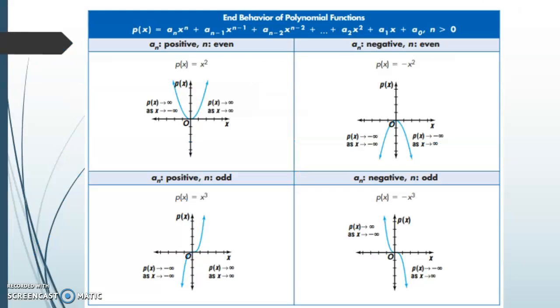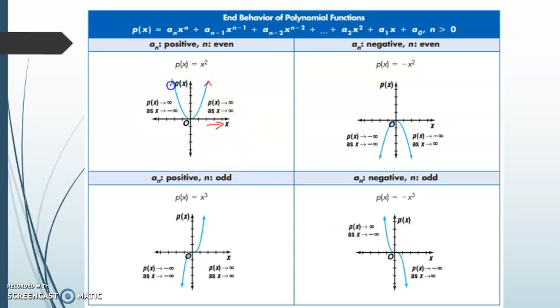So here you go. If you've got an even power, x squared, here's how it's written. P of x is going to positive infinity. It's not going to stop. It's going forever as x is getting bigger and bigger.